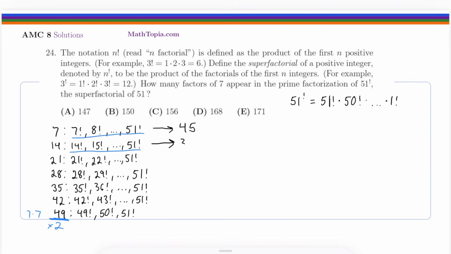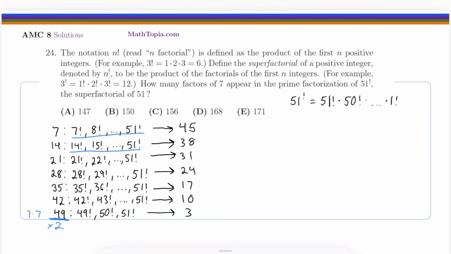We will have 38 total numbers, 31 numbers, 24 numbers, 17 numbers, 10 numbers, and 3 numbers. However, we know for 49 that we're going to have to multiply the amount of 7s we have by 2, since 49 is 7 times 7.